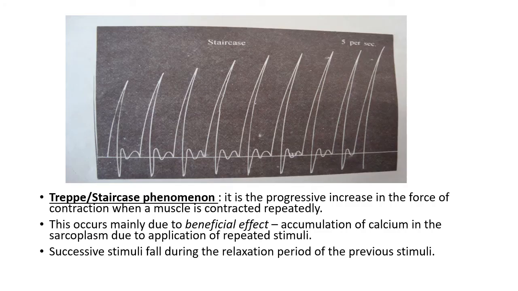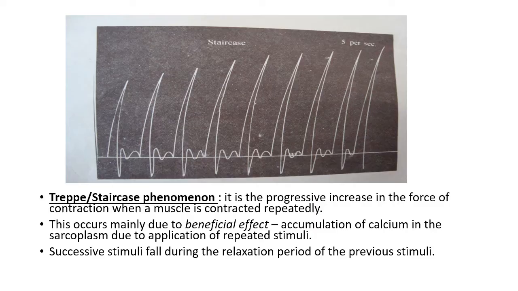So this graph shows exclusively treppe or staircase phenomenon. First of all, treppe is a German word which means staircase. So it is the progressive increase in the force of contraction when a muscle is contracted repeatedly. This phenomenon is obtained at low frequency of stimulation, like around 5 stimuli per second.